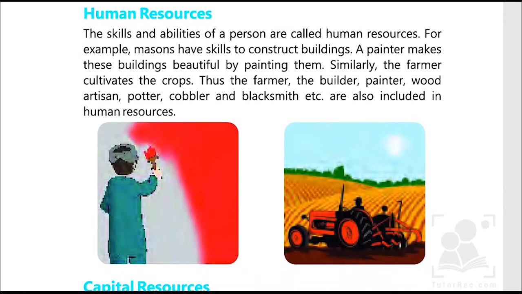So, right after the natural resources, we have human resources, which is basically the skill or ability of a person to do something. Constructors construct buildings, painters paint them to look beautiful, and farmers cultivate the crops to have food, fruits and grains.